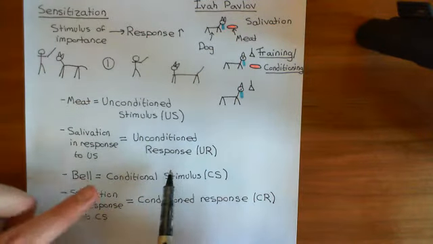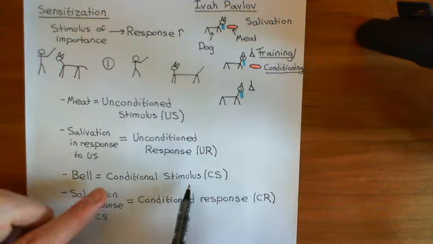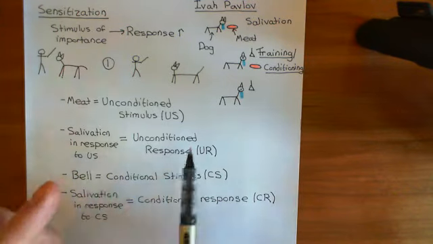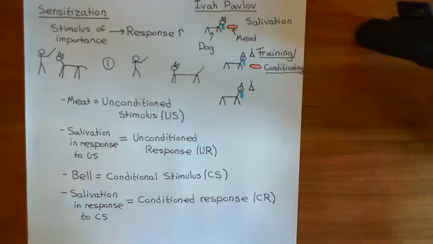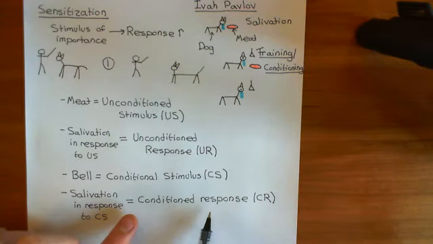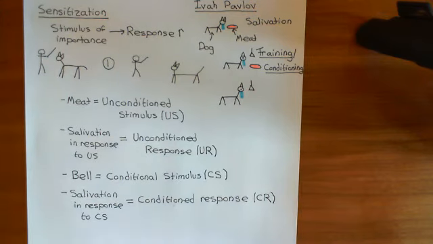But then when you only give the conditional stimulus on its own, providing you've done enough training, you should get the same response, which is now called the conditioned response, just in response to the conditional stimulus. That's Pavlovian or classical conditioning.